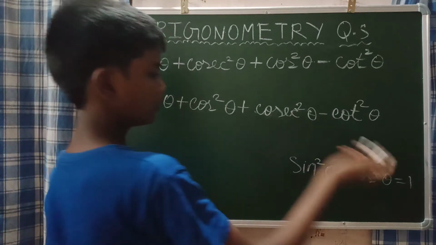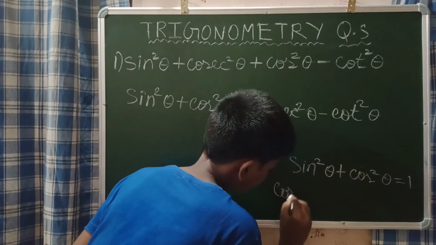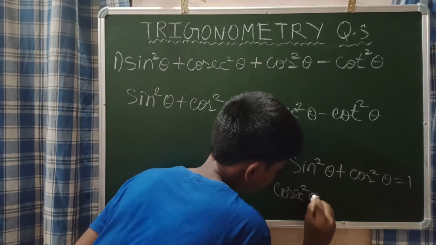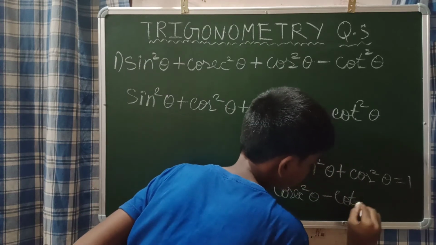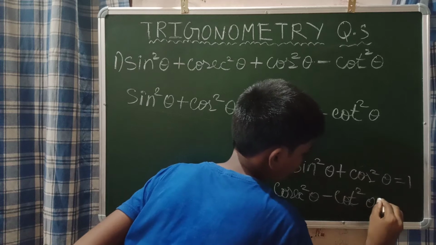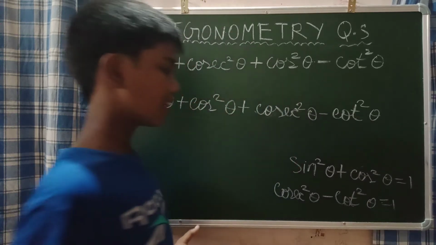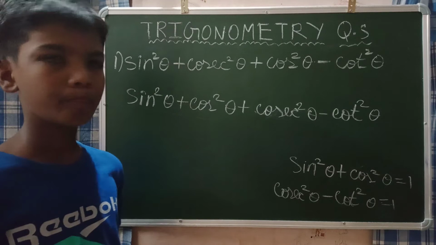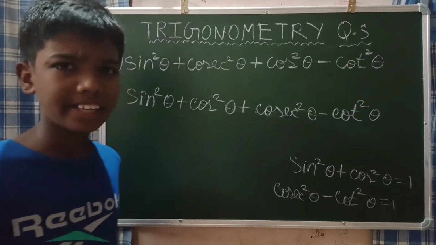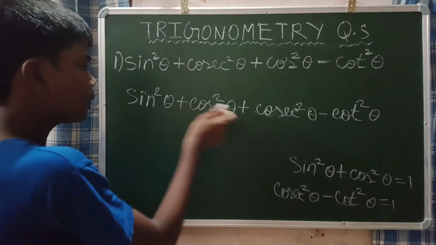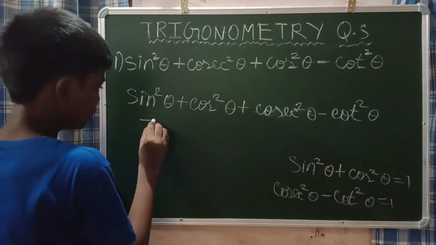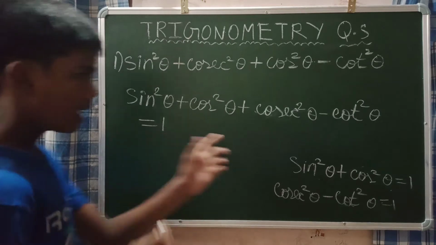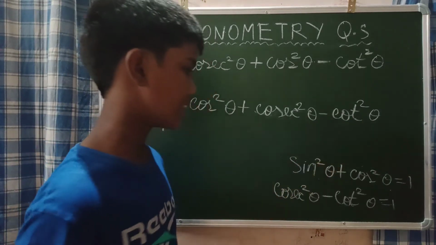And also cosecant square theta minus cos square theta is equal to 1. These are some Pythagorean identities. Using these, we can say that sin square theta plus cos square theta is 1, and cosecant square theta minus cos square theta is 1.